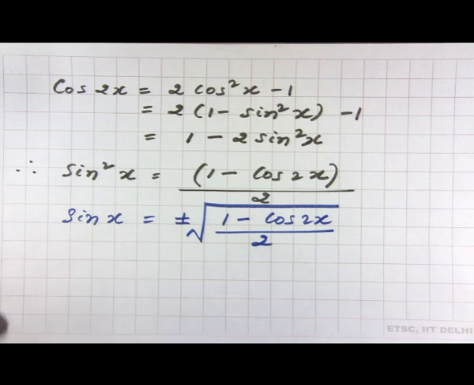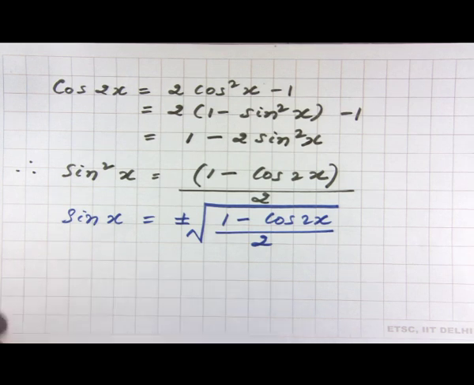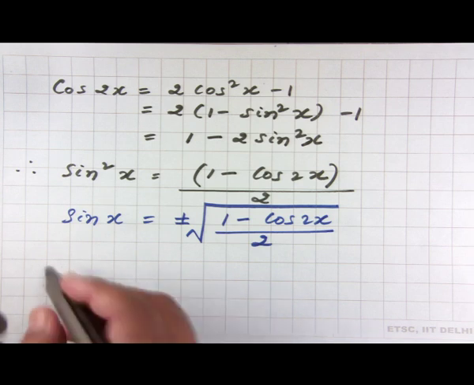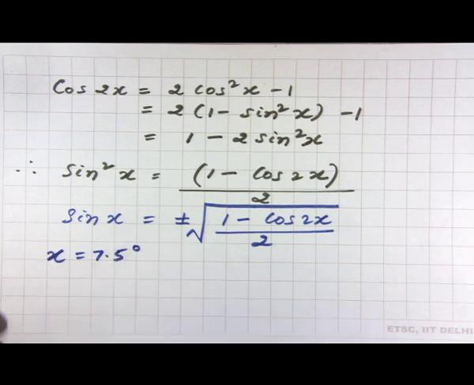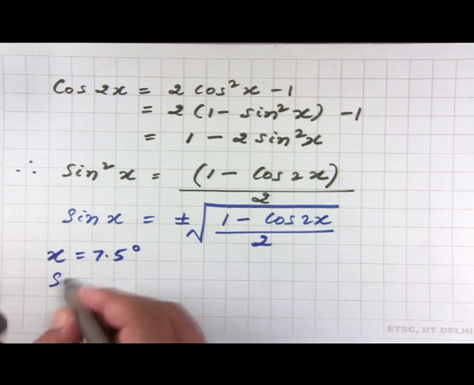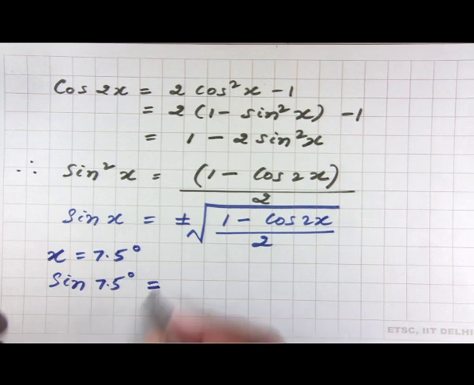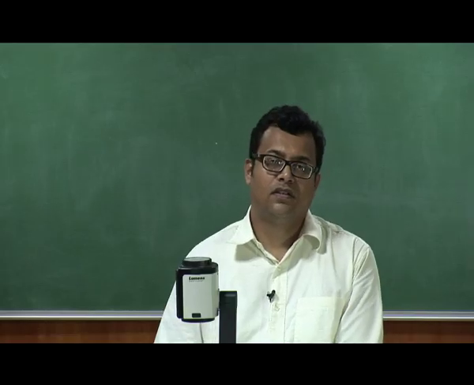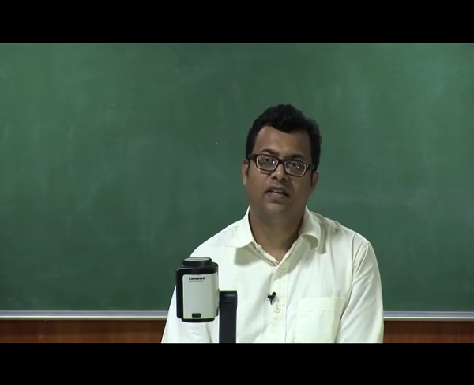So, for example, if we were to find out sine of 7.5 degrees, using this formula here we get sine of 7.5 degrees is equal to, now we know that sine of 7.5 degrees is a positive real number and therefore, we only take the positive sign here.